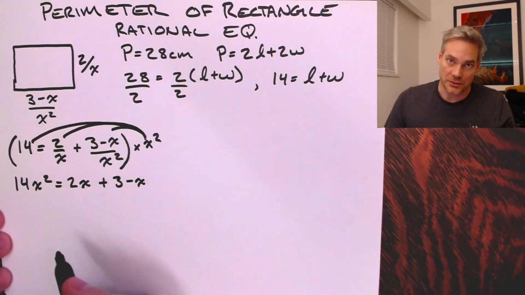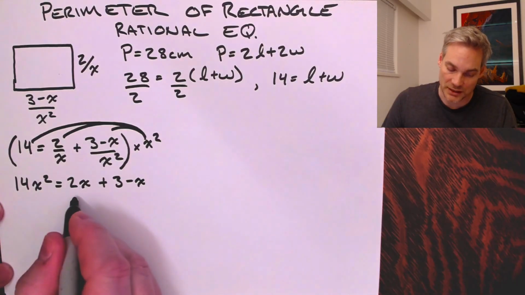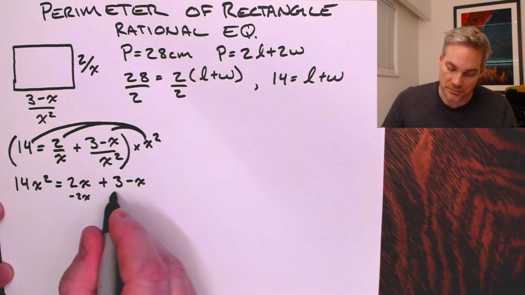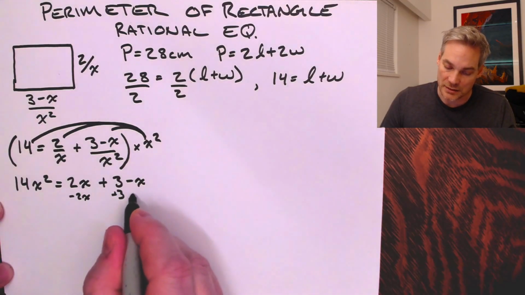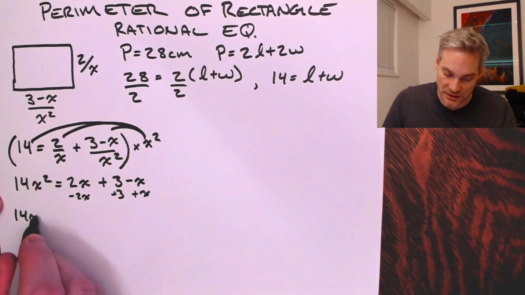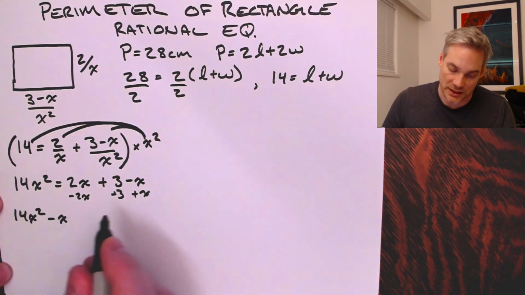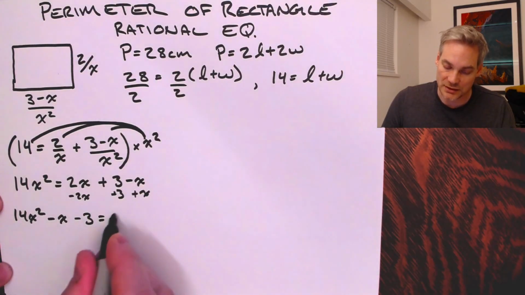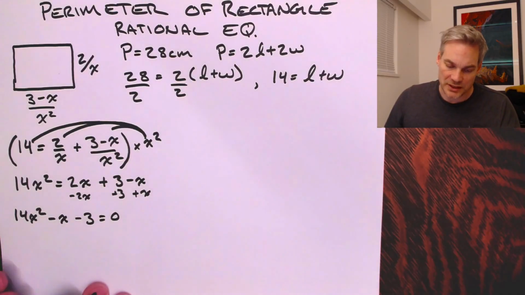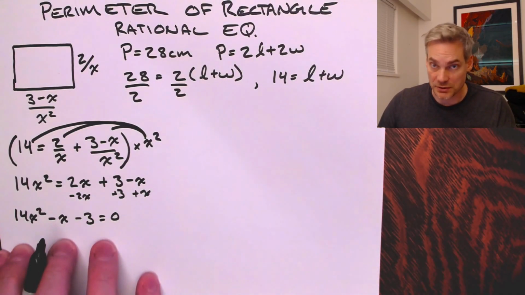So now I want to move all these terms to the other side, so that's minus 2x, minus 3, and plus x. And as we move them all over, we get 14x squared minus 2x plus x is just minus x minus 3 equals 0. So here, what I would say we should do is actually calculate this with the quadratic formula.